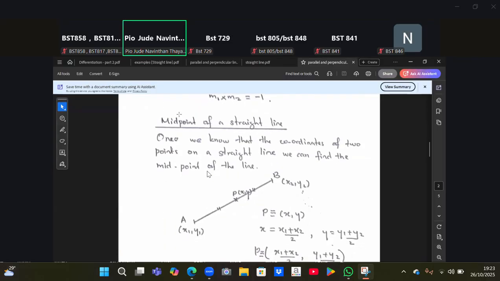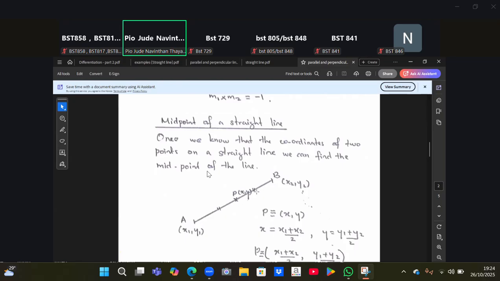Here I will cover all the concepts, and we will do the examples later. Midpoint of a straight line: the line AB is given with two endpoints.